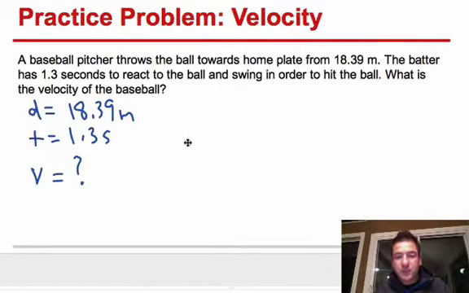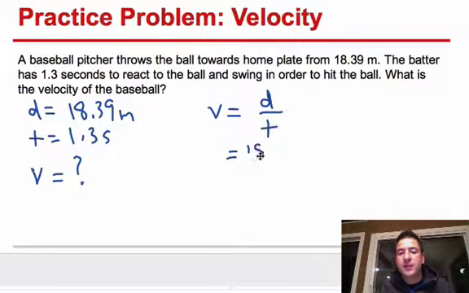So anyways, so the velocity of this ball, we know it takes 1.3 seconds for us to react and swing in order to hit the ball. What was the velocity the ball was traveling? So I know I'm solving for velocity, so it's going to be distance over time. Okay, now I'm going to plug in my values, 18.39, make sure you put meters, divided by 1.3 seconds.